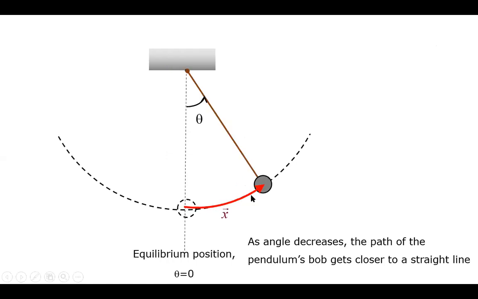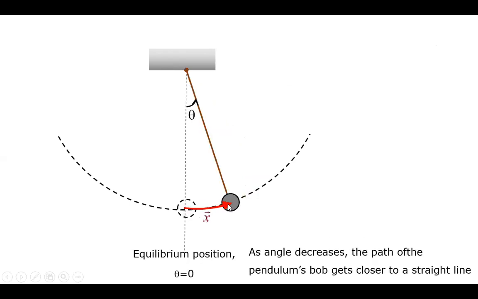But if you decrease the angle, this curved line approaches a straight line, which means as the angle decreases, the path of the pendulum's bob gets closer to a straight line, which means the vibration of this pendulum's bob at a small angle is approaching simple harmonic motion.